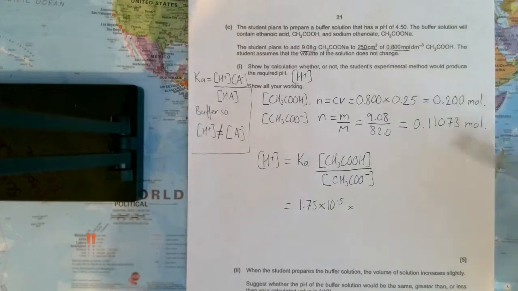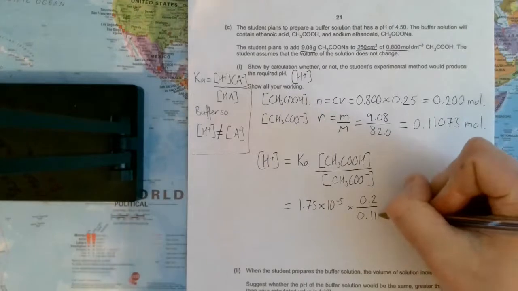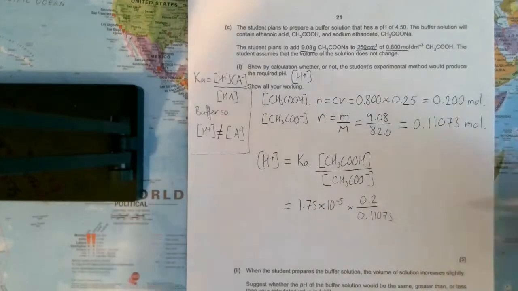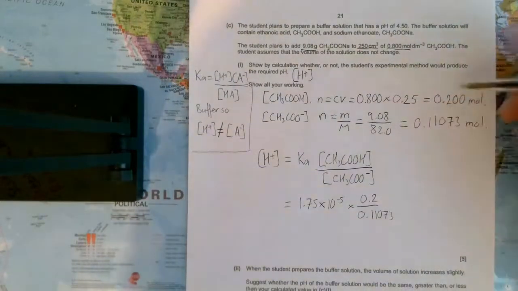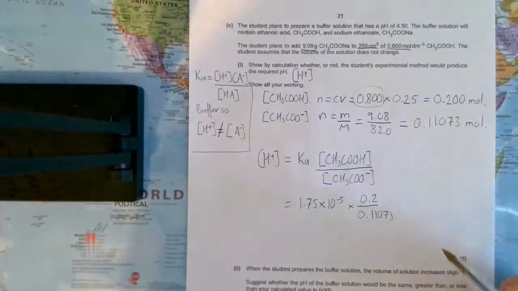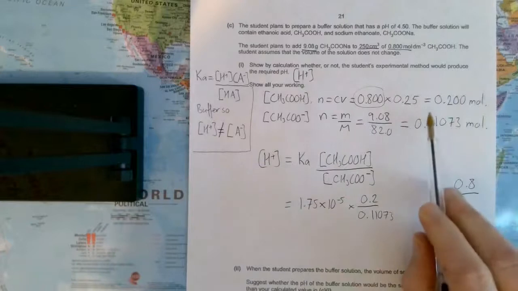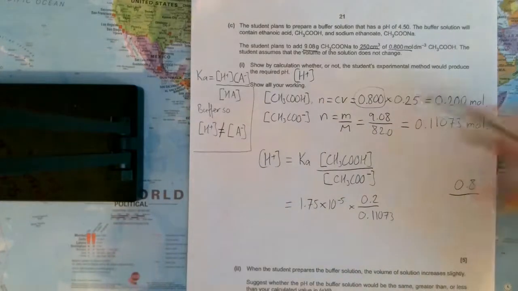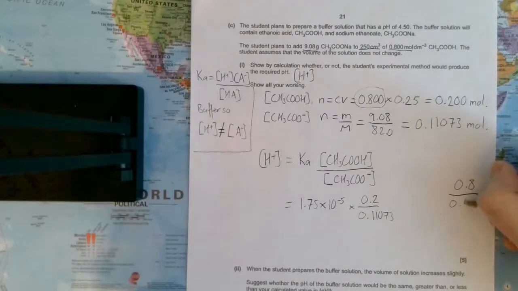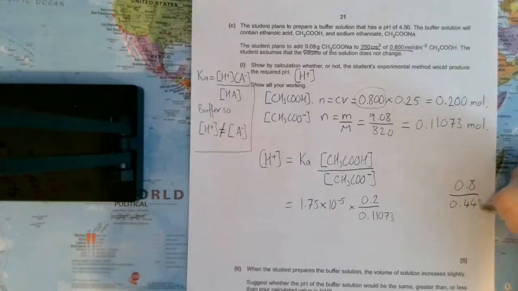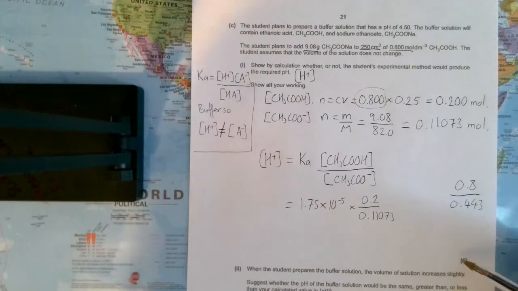It's going to be 0.2 divided by 0.11073, or if you've rounded up already, 0.111, or if you just want to see, this would have stayed as a concentration there, 0.8, and we would simply have multiplied this by 4 because it was a quarter of a litre, and so what you would end up with is the same ratio between these two. It just depends how comfortable you are with the year 12 steps.